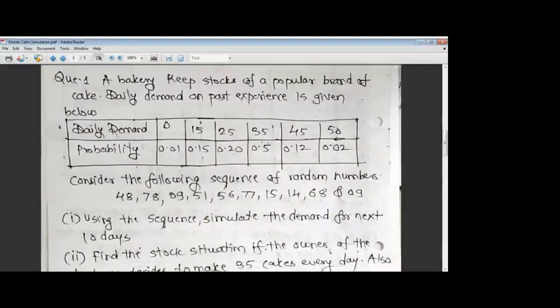The probability that 15 cakes of that brand will be sold on a given day is 0.15, so you can say there is a 15% chance that 15 cakes will be sold on any given day. Similarly, for 25 cakes the probability is 0.20, for 35 cakes it is 0.5, for 45 cakes it is 0.12, and for 50 cakes it is 0.02.